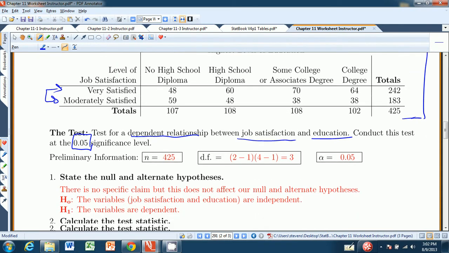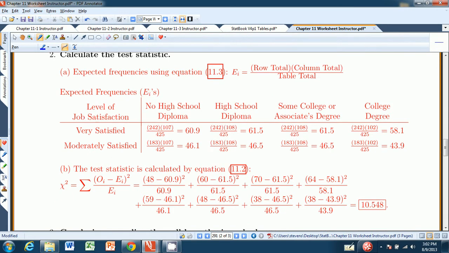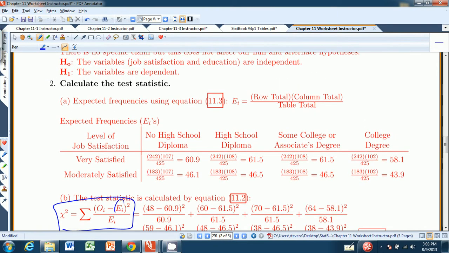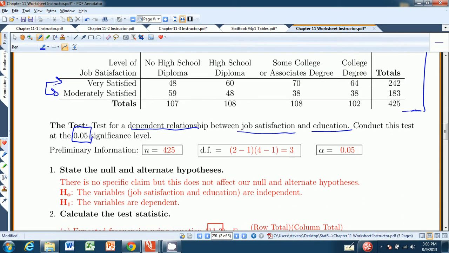And the test statistic, do I have it down here? Okay, good. So I have the test statistic here. So that's nice. And I also have the way to calculate the expected frequencies that are here in the test statistic. Okay, good. So some preliminary information.